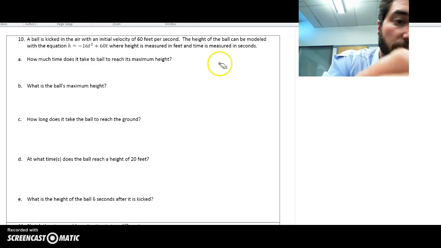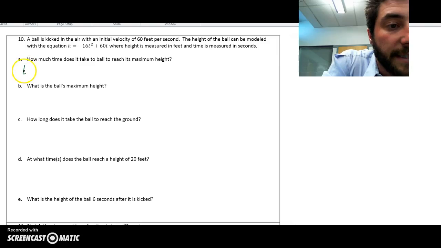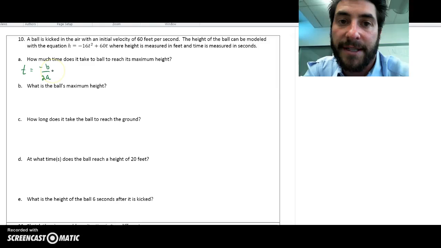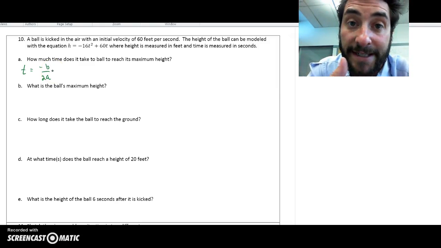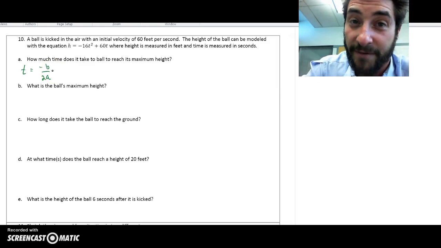That can be found with the equation t equals negative b over 2a. That gives us the axis of symmetry. We're looking for the vertex, its maximum height, and that's the first step to finding the vertex.